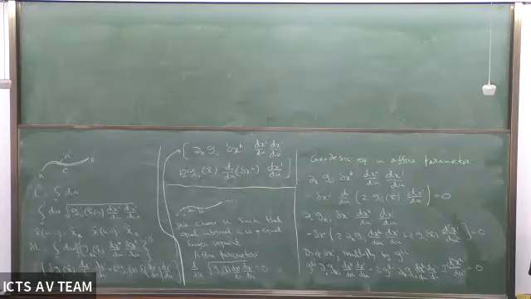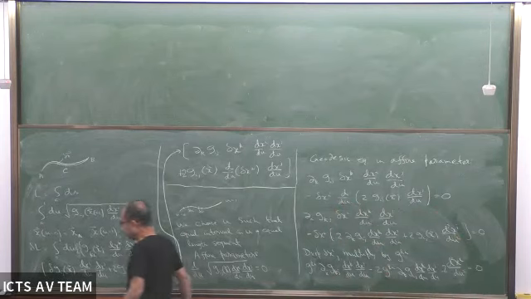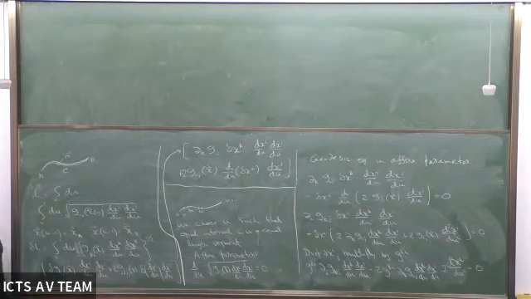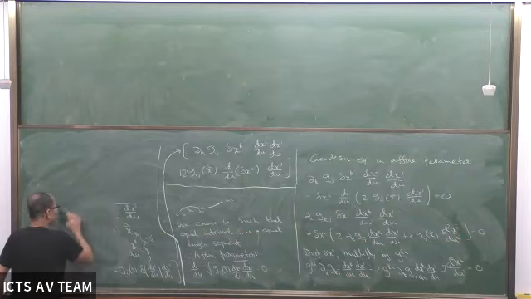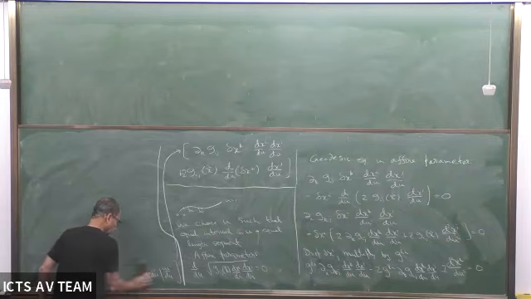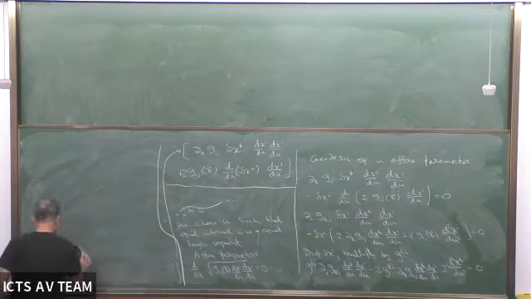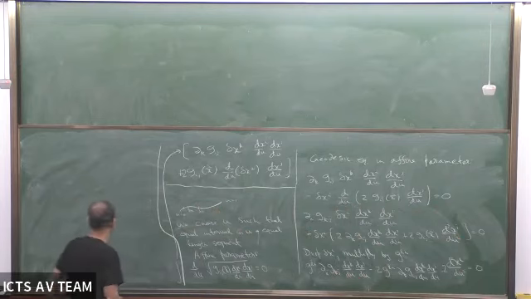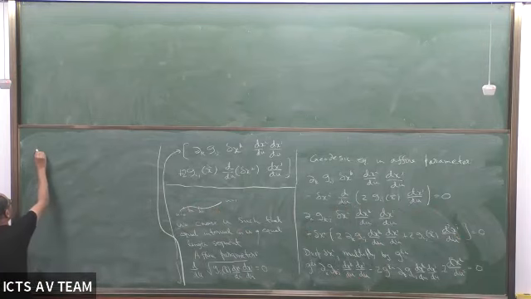Is this clear? Okay. So now let's try to clean up this formula a bit. I'll just remove the 2 by multiplying by half and factor out and remove the minus sign. Okay. So multiply by minus half.